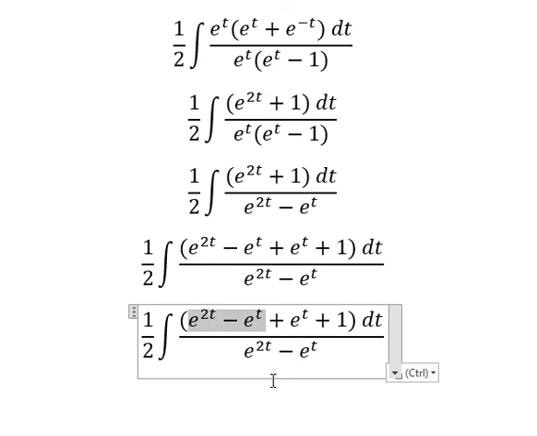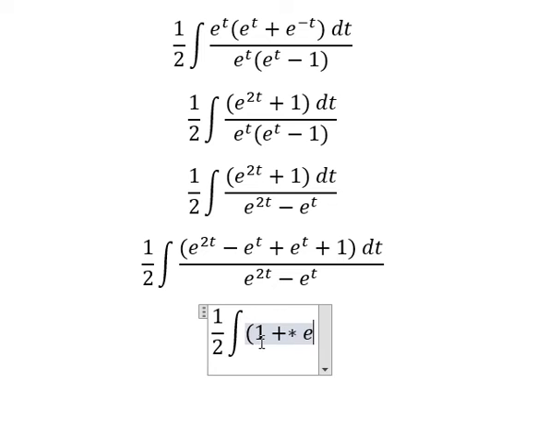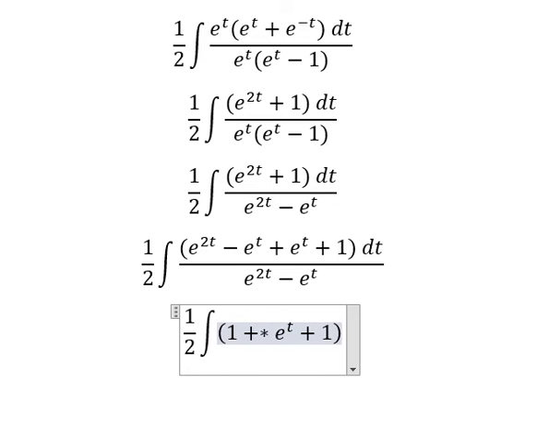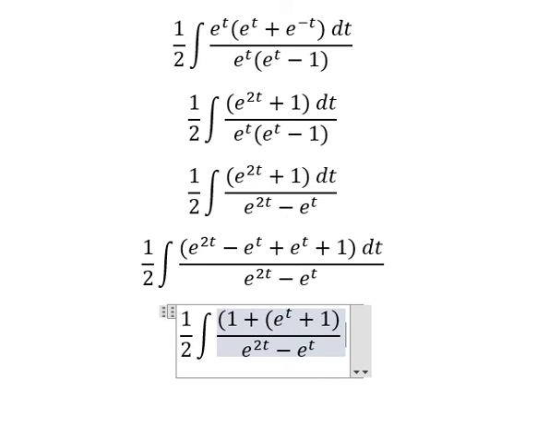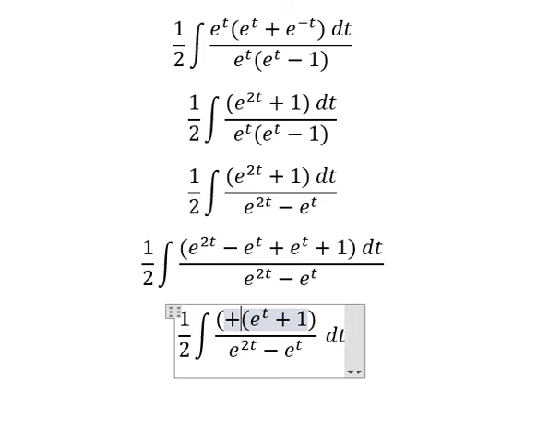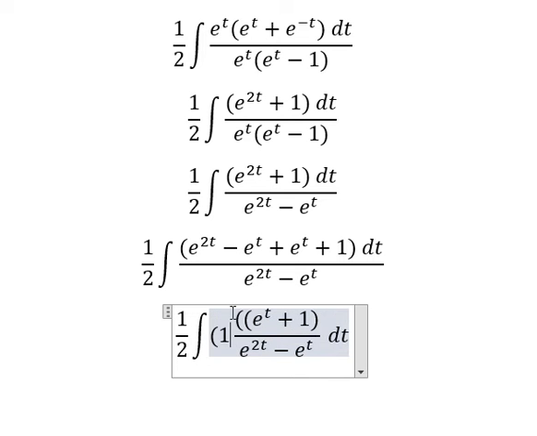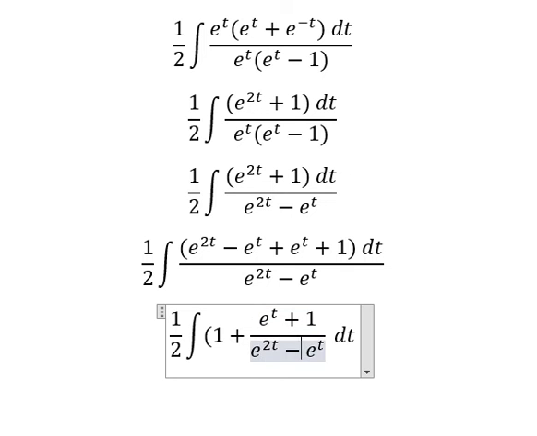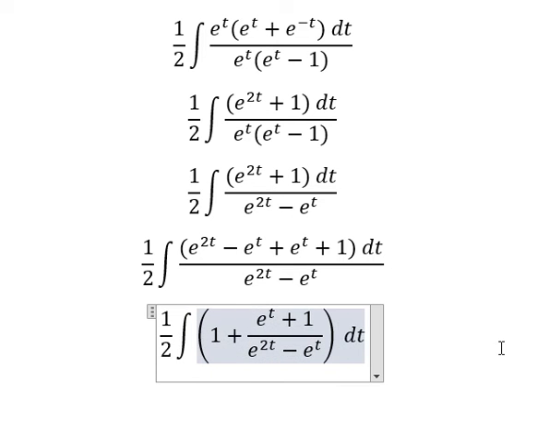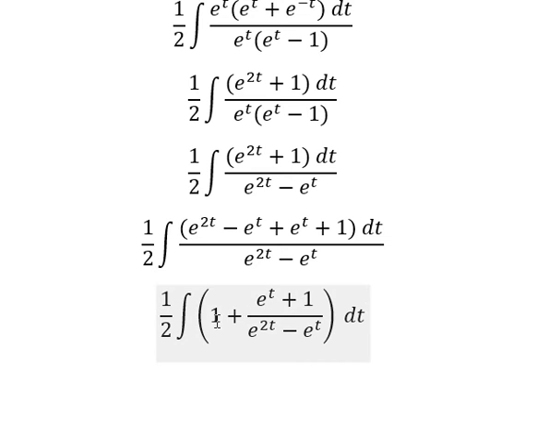So this one divided by this one, we have number 1. So the integration of number 1 is t.